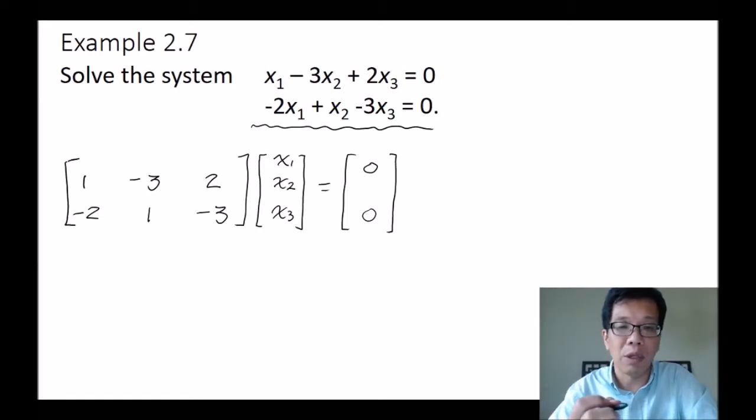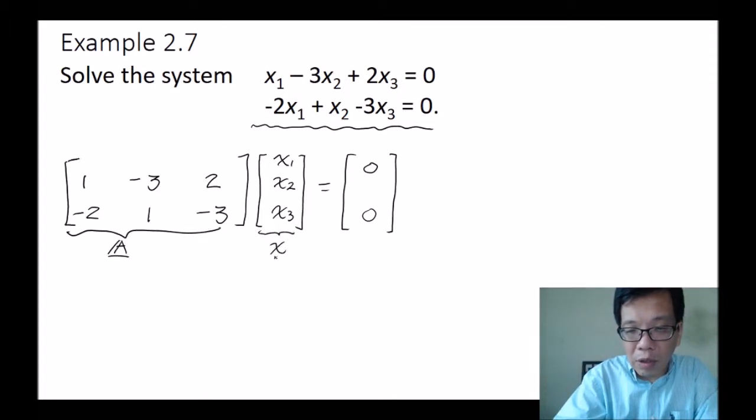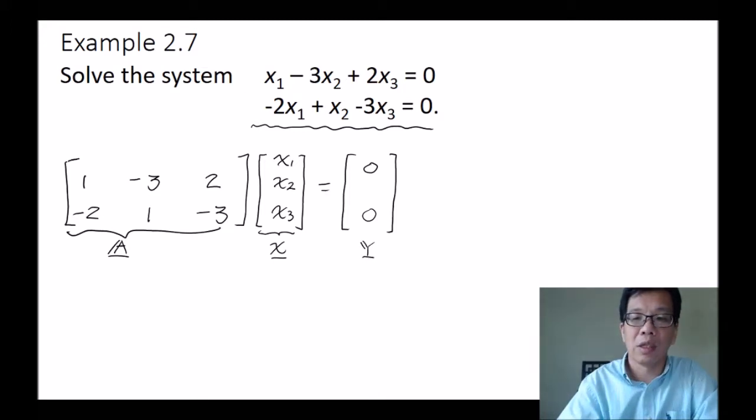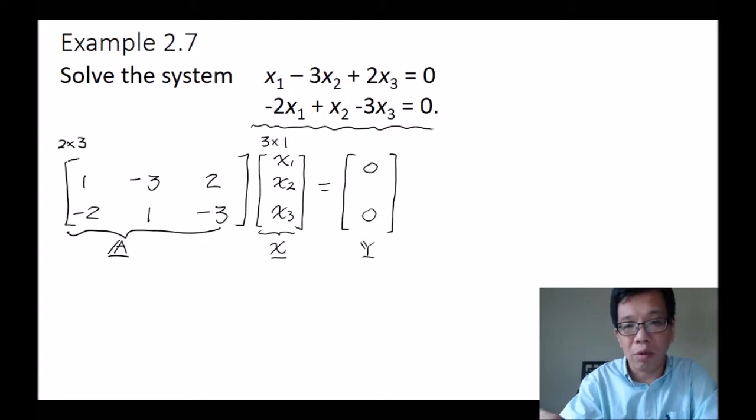Keep in mind we learned about multiplication of matrices in the first part of this module. Let's call this matrix A. Normally we would like to have this vector as X, and this one is going to be my output, let's say Y. The size of this matrix is going to be 2 by 3, and this is going to be 3 by 1: 3 rows, 1 column, and 2 rows, 3 columns.